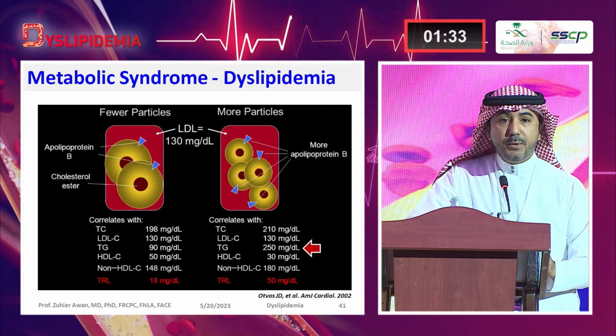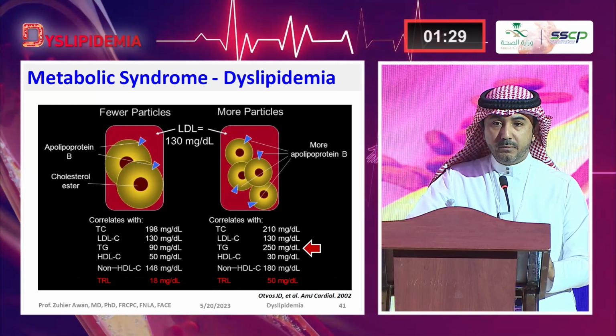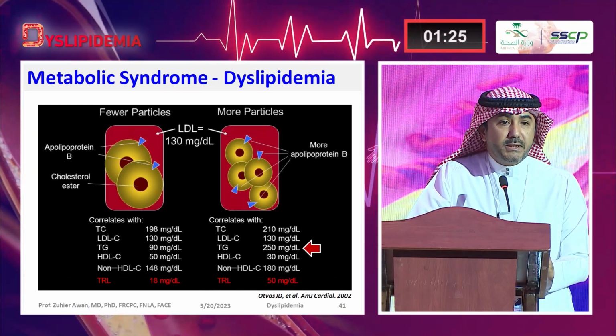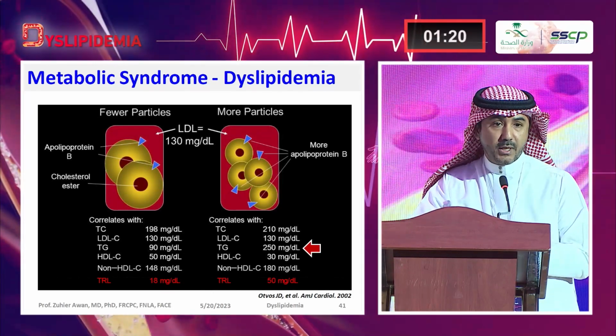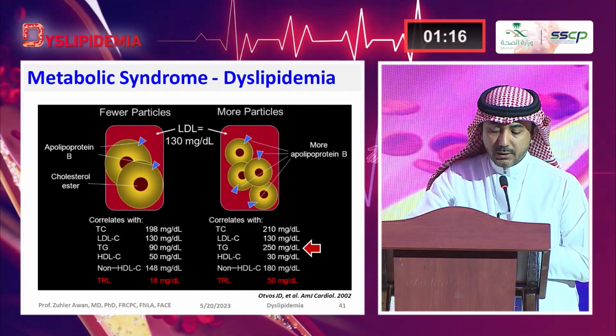So when doing a lipid profile in someone with visceral obesity or metabolic syndrome, there's a caveat. Your LDL might be normal, but this is a false normal LDL. The thing that will give away a normal or not very striking LDL is your triglyceride.